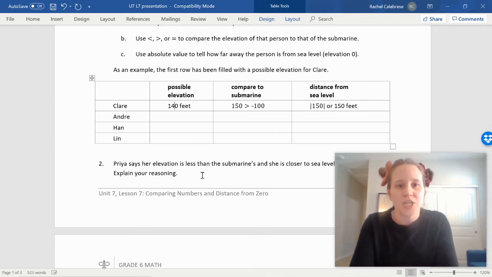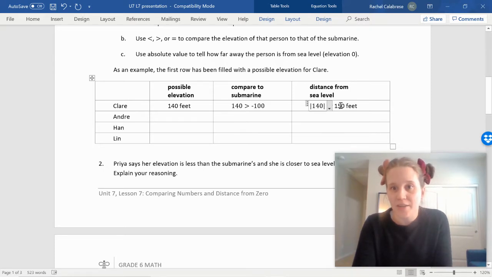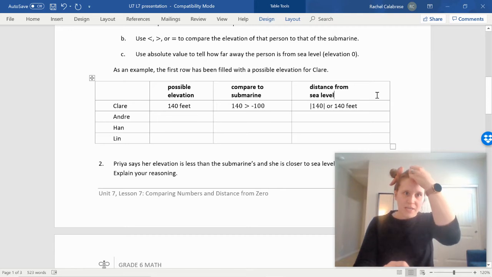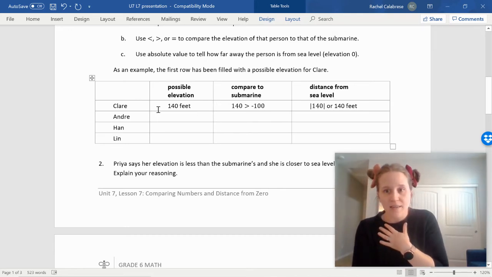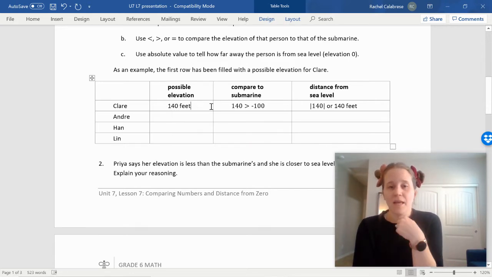I put Claire at 140 feet. I'm going to actually just change it so that it's not confusing as I give you some time to work, because I put Claire at 140 feet. Okay, so here's what I want you to do. Claire's elevation on my number line is 140. She's above sea level, so this is positive. If I compare that to the submarine, her elevation, 140, is greater than the submarine's elevation, -100.